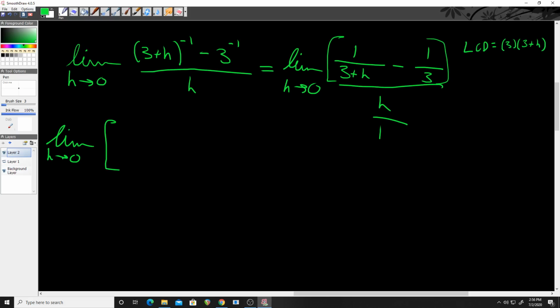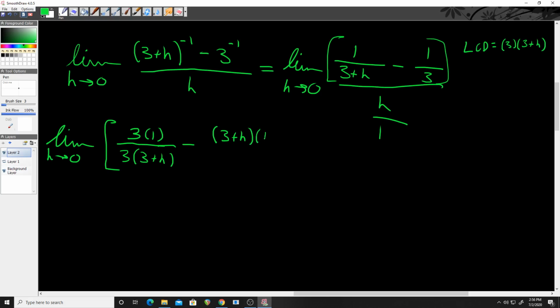Okay? So I want to multiply each term by what's missing. So the first term is missing that 3. So I'm going to multiply top and bottom by 3. So 3 times 1 over 3 times 3 plus h. And now look at that. There's my common denominator. So I'm done there. Minus, and now the second term is missing a factor of 3 plus h.